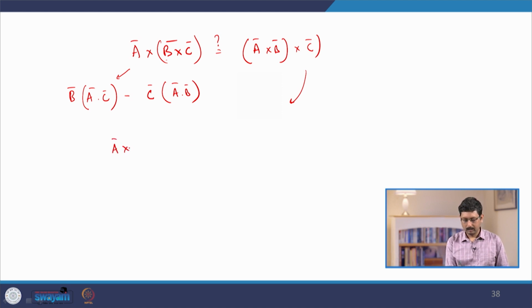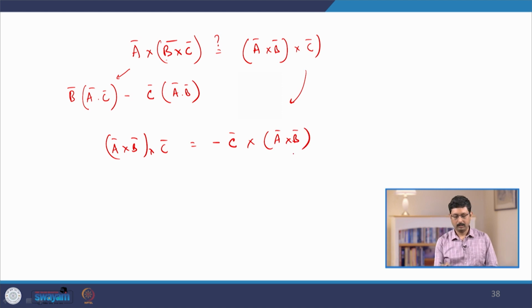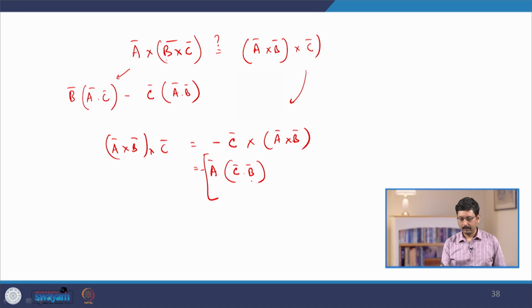So, A cross B cross C is equal to minus of C cross A cross B. Then the middle vector becomes A. So, then take the middle vector out and then take the dot product of the remaining two vectors, which is C dot B, and then minus the last vector, which is in this case B, and then take the dot product of the remaining two vectors, which is C dot A. And note that there is an overall minus sign here.